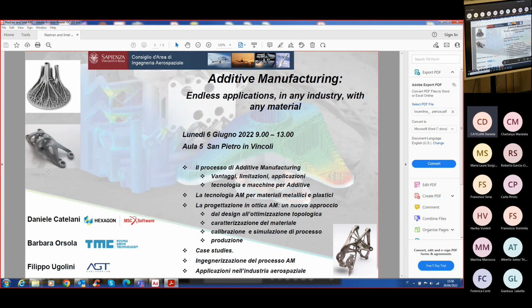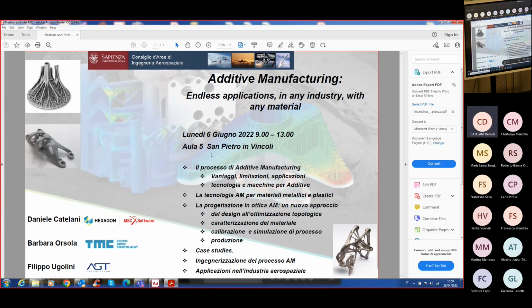It covers methodology and simulation tools used by industry and academia for simulating additive manufacturing for metals and plastic materials, including optimization of the model and validation of the product with many case studies, with an overview of applications in the aerospace industries, from 9 to 13.